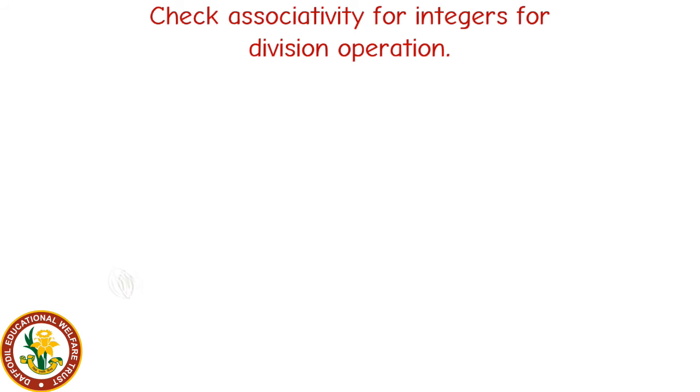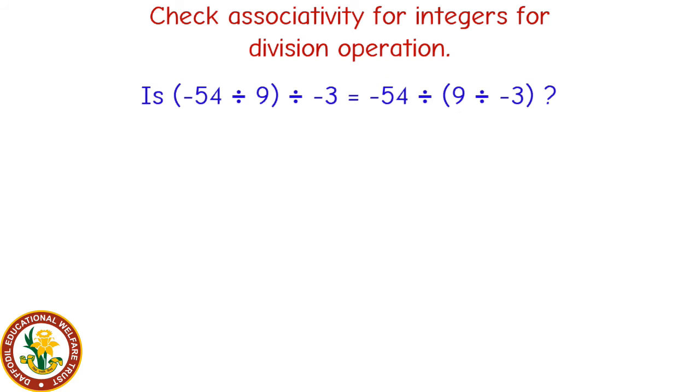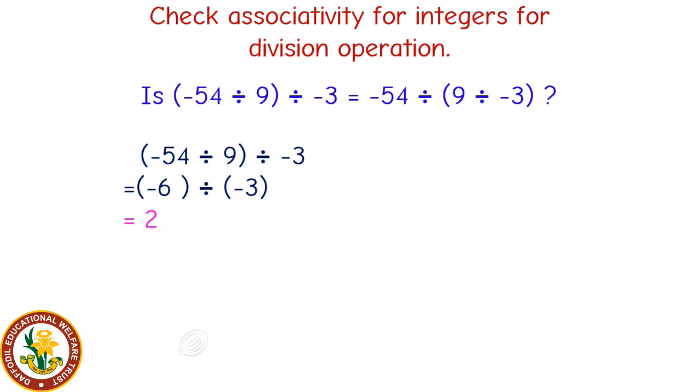Let's check associativity for integers for division operation. Is (-54 ÷ 9) ÷ (-3) equal to -54 ÷ (9 ÷ (-3))? Let's take a look. (-54 ÷ 9) ÷ (-3) is equal to -6 ÷ -3, which is equal to 2.